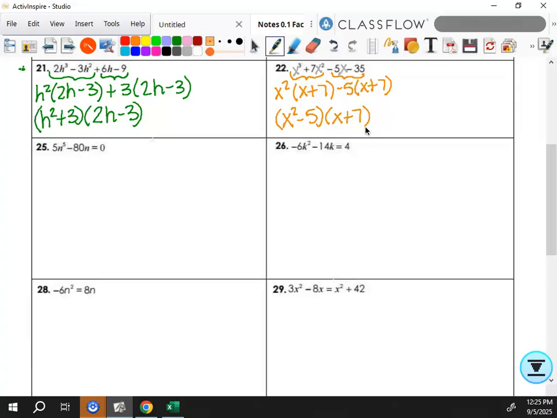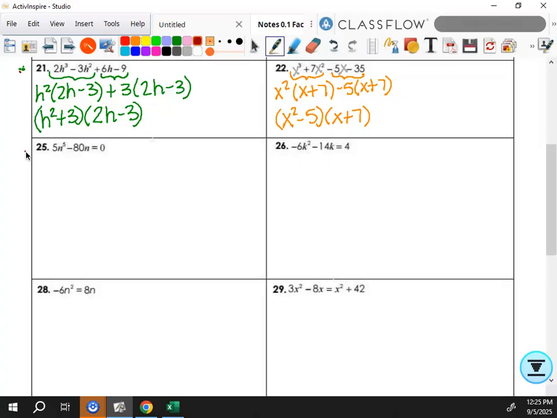Now, besides the degree of the polynomial and the numbers and how many terms there are, what's the main difference between 21 and 25? Equals 0, right? This is an equation. This is not. So far, all we've been able to do is factor. There's been no solving. You have to understand what directions mean.